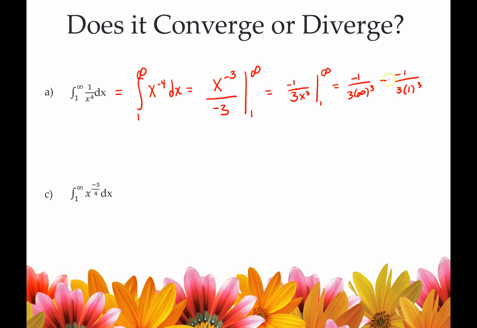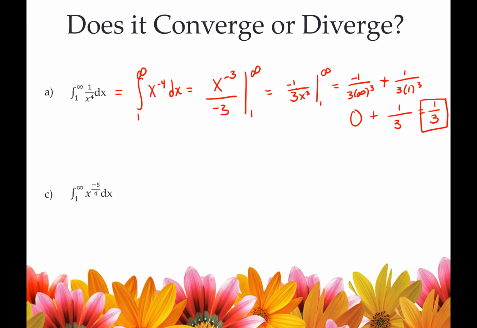This is obviously going to be a minus. Minus becomes a plus. So I can erase that. And we should think about this as negative 1 over a huge number, right? Infinity cubed is huge. So big we can't even think about it. So this becomes 0. And then this becomes plus 1 over 3. So our answer is 1/3.